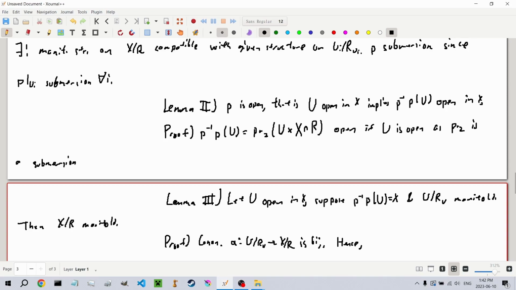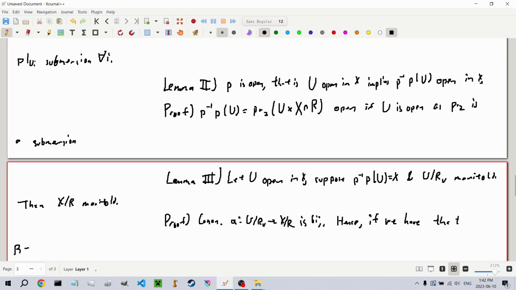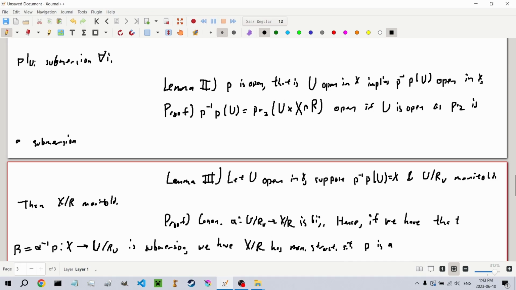Hence, if we have the map we're going to call beta to be the inverse of alpha on P from X to, I mean U over R of U, not R over U of R, that doesn't make any sense, is a submersion, we will have, by transporting the structure of U over R of U to X over R, that X over R has a manifold structure such that P is a submersion.